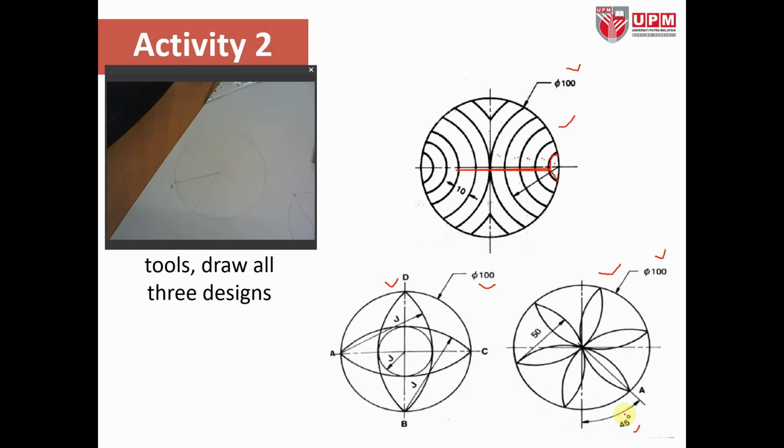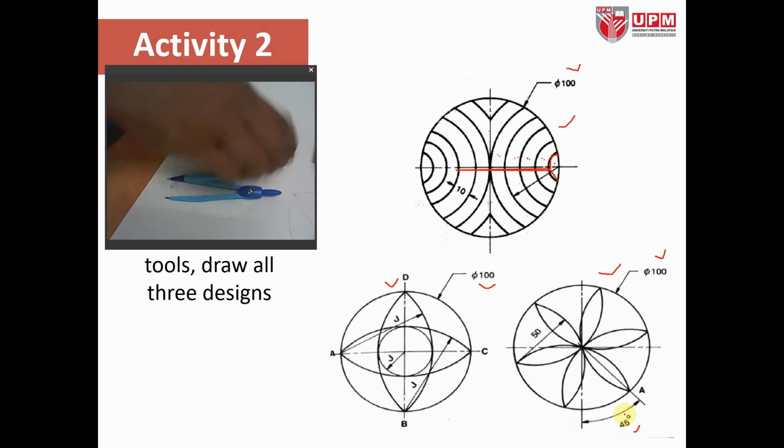Okay, so from point A, you can see here that the radius for the circle is 50. It's stated already. So we're going to start from here. What we're going to do is to use the compasses so that the compasses will be adjusted from point A to the center point here.